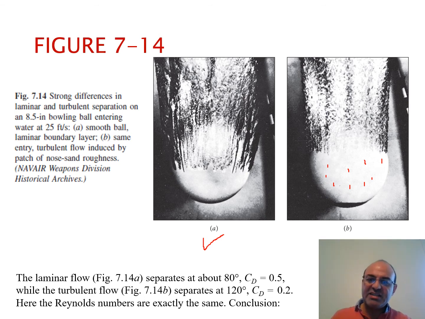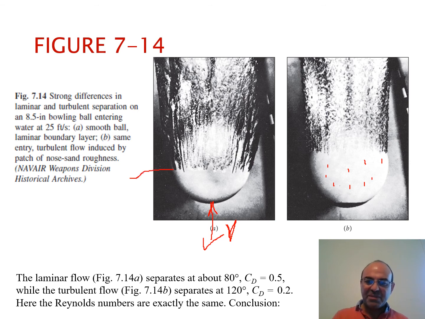In case A, where it's laminar, this is the front, where your velocity, if you want to compare it with the previous slide schematic, is this. This is a stagnation point, and then this is the separation point. You see it occurs at about 90 degrees or maybe less than 90 degrees.